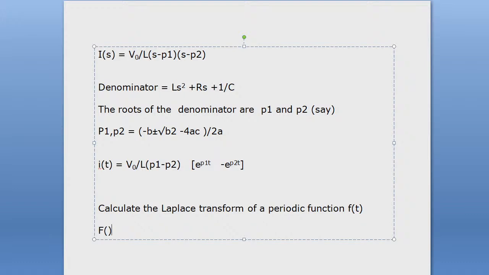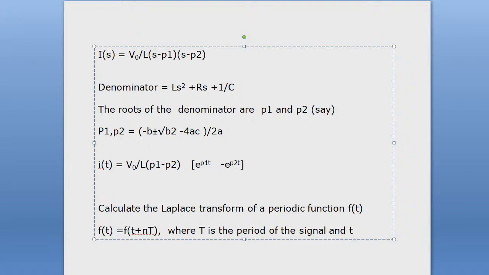Periodic function means f of t equals f of t plus nT, where capital T is the period of the signal or function and n is an integer, and here t is greater than 0.